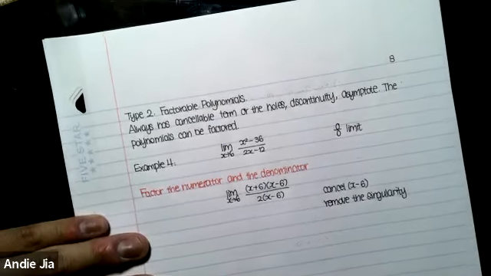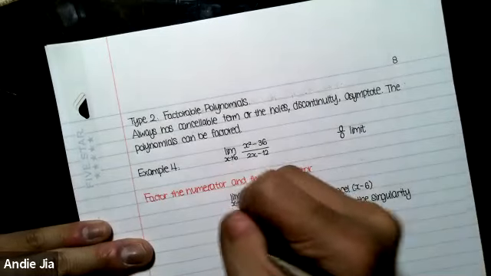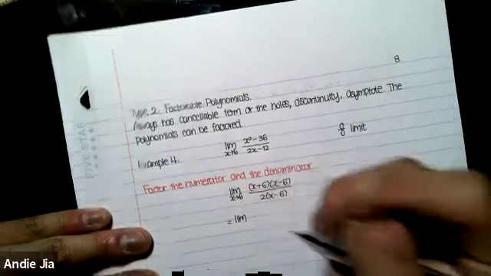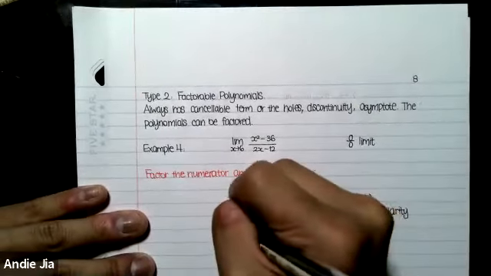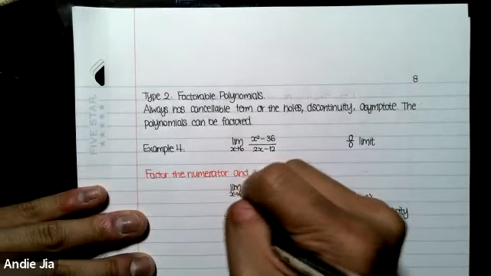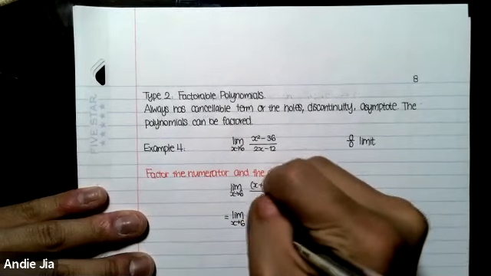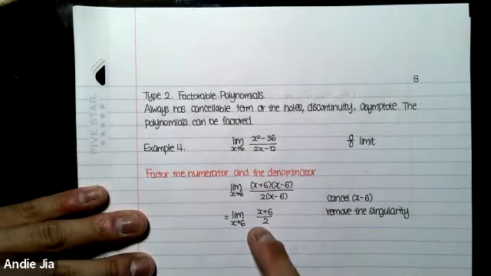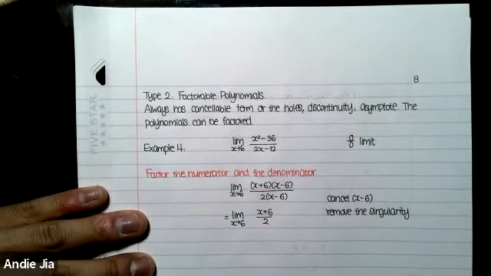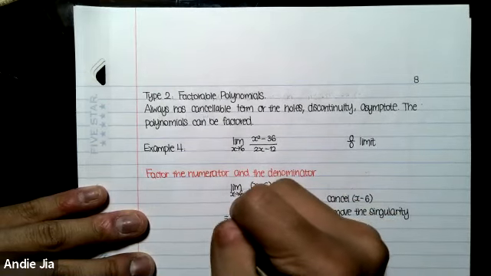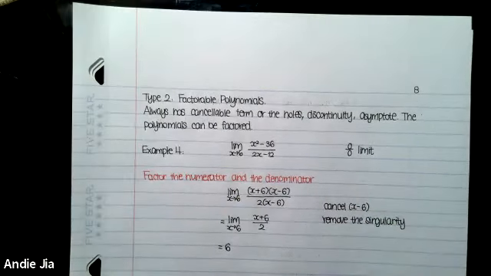Then we have the limit as x approaches 6 of x plus 6 over 2, and 12 over 2 is still 6. Our final answer is 6.